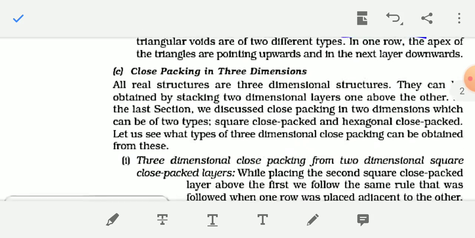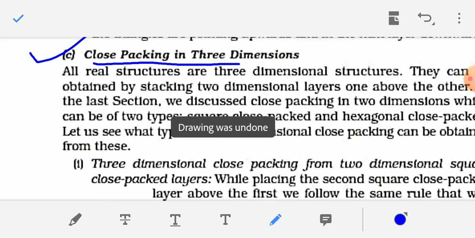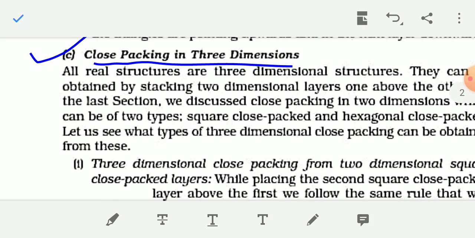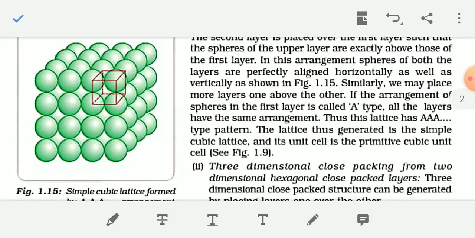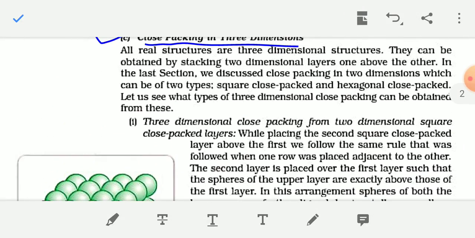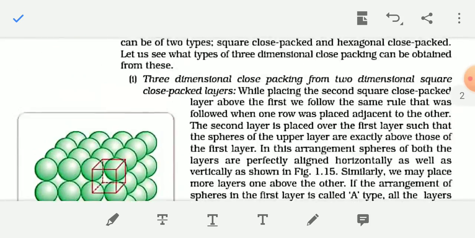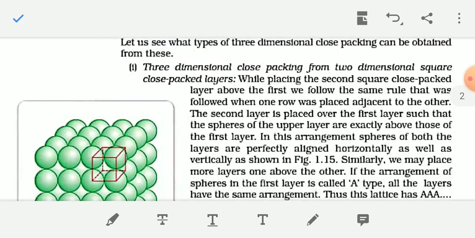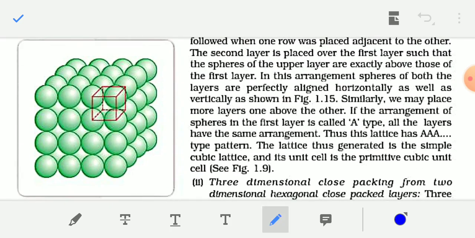Now see close packing in three dimensions, and this is the real or actual close packing in crystalline solids. One thing I want to mention, it is very difficult to explain this type of close packing without a proper three-dimensional structure, because this page is two-dimensional, and this picture is also two-dimensional.